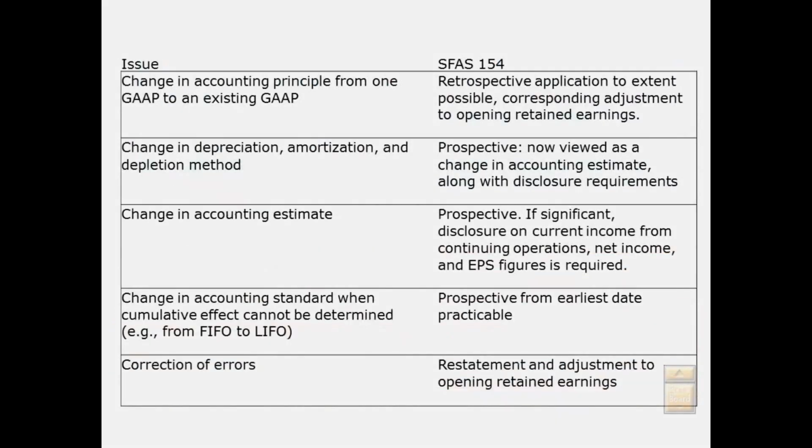Here's a table for you to conveniently have what you have to do if you have these irregular items. You have to just move on and do the best from here on out, or you have to create comparable financial statements from year to year and have the one-time adjustment to retained earnings.